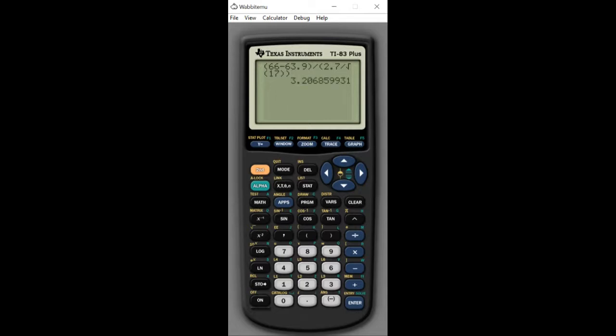I think I did something wrong because this doesn't look right. I got 1.3. Maybe I did it wrong too. Okay, you got the same answer or you got something different? No, I got something different. Okay, let me double check. 66 minus 63.9, close it off. Divided by 2.7 divided by the square root of 17, close it again. Maybe it is right. Yeah, good. Okay, that's what it is. It's 3.2 or 3.21. Okay, I just wanted to double check. So my z value is 3.21.